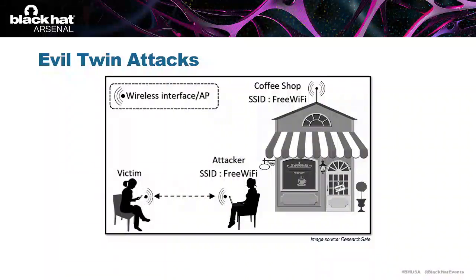As you can see in this image, in evil twin attacks, the attackers copy the beacon frames of the network they are targeting by simply sniffing the air, set up a fake access point, and force the victim to connect to this fake access point to steal network credentials. We will be covering the details of this attack in the next slides.